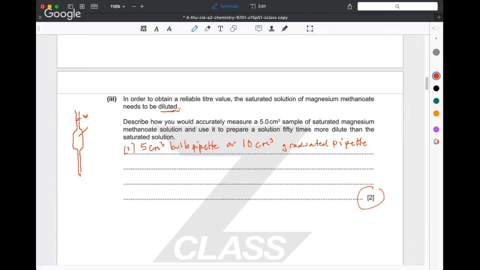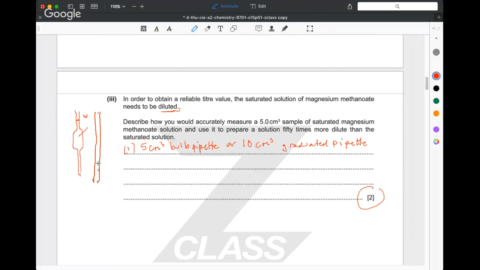So you're drawing or sucking up the liquid to that mark, and when the bottom of the meniscus is at that mark, you've got exactly 5 centimeters cubed. That's the bulb pipette. The graduated pipette is like this. It's a long glass tube, like that, no bulb in it this time.